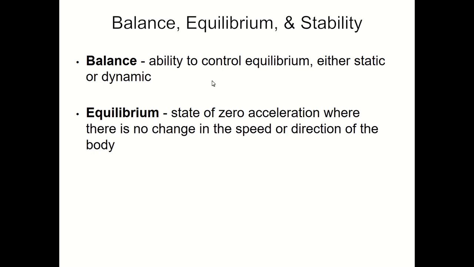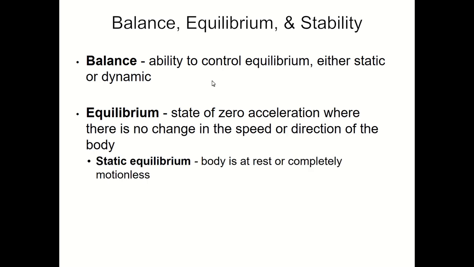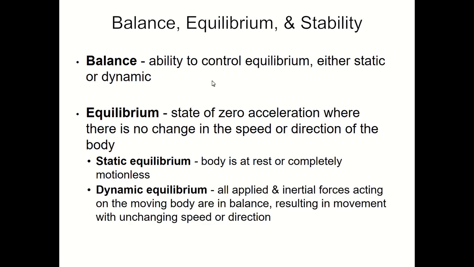There's no change, our mind is clear, kind of like that. We have static equilibrium where the body is at rest or completely motionless, or we can have dynamic equilibrium where all applied and external forces acting on the moving body are in balance, resulting in movement with unchanging speed or direction. So we're moving, but it's constant.